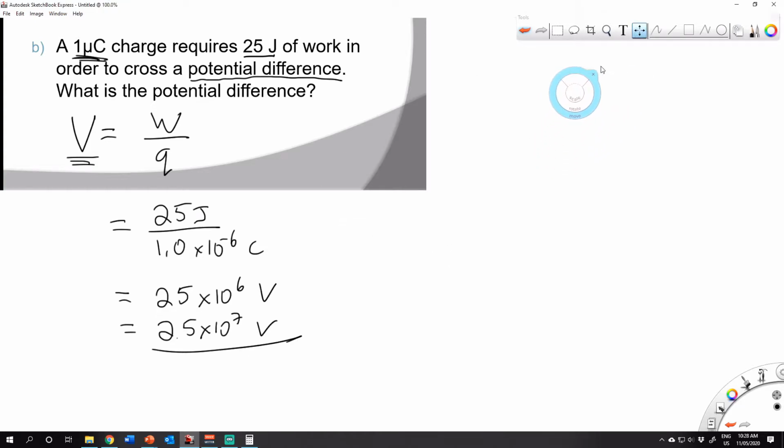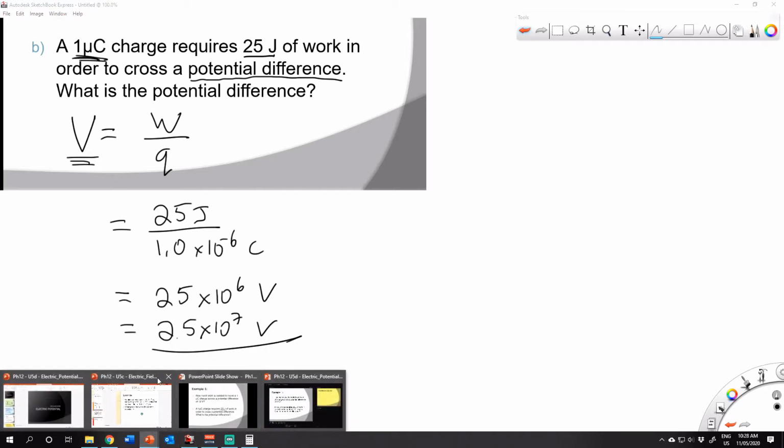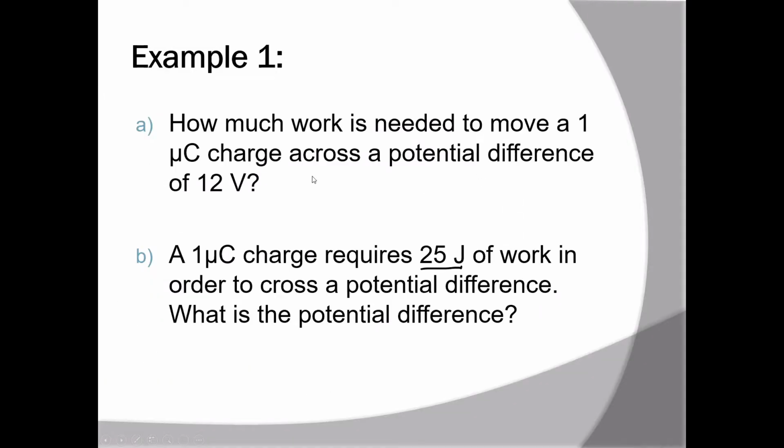Now, I'm going to go back to the previous example here. I think the answer was along the lines of 10 to the negative 5 joules of energy, right? So this is a very small amount of energy.